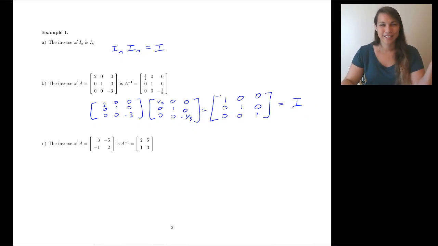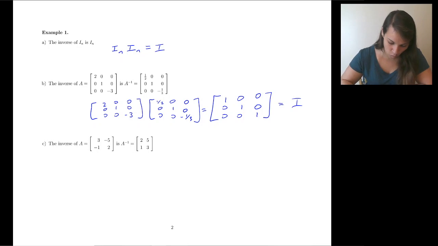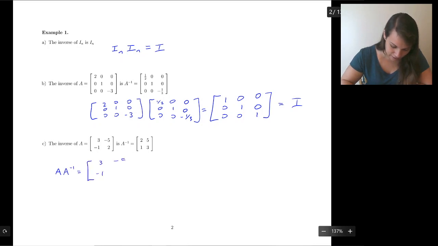Sometimes, most of the time, the inverse is not so obvious looking. So like in example 1C, we're going to do A times A inverse, and we're just going to check that this is indeed correct. That's A inverse.